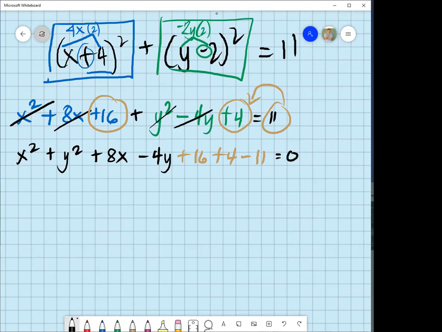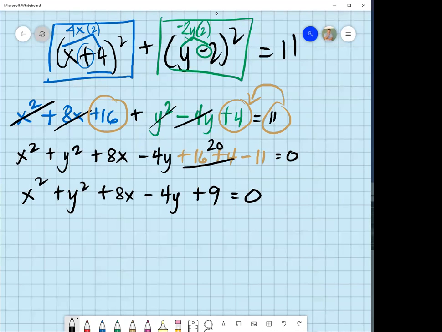And finally, our general form will be x squared plus y squared plus 8x minus 4y. And then when we add this, this becomes 20. 20 minus 11, that's positive 9. And that is equal to 0. That's it.